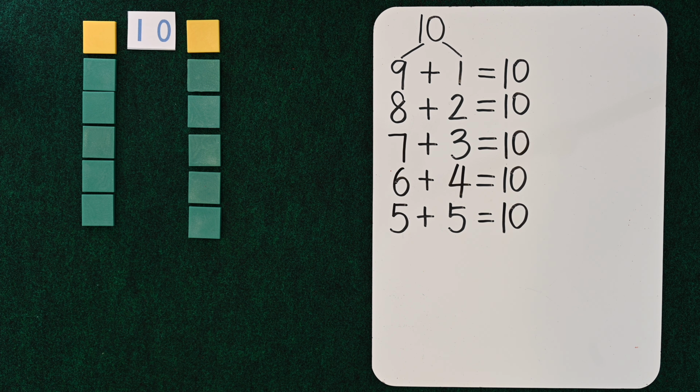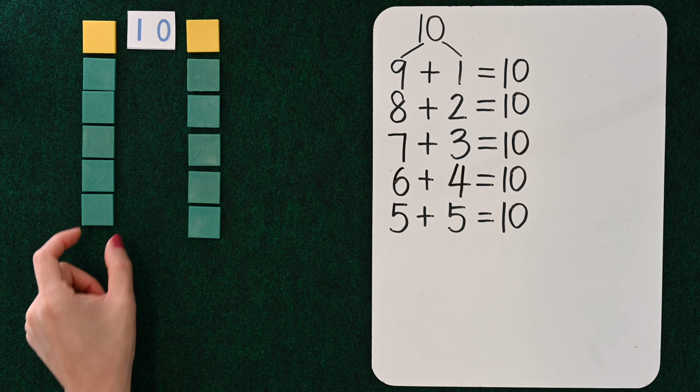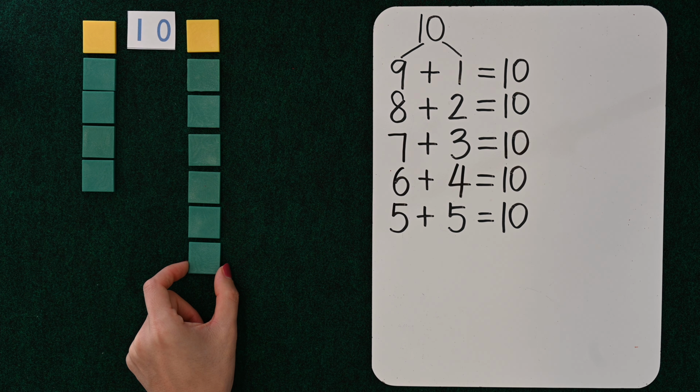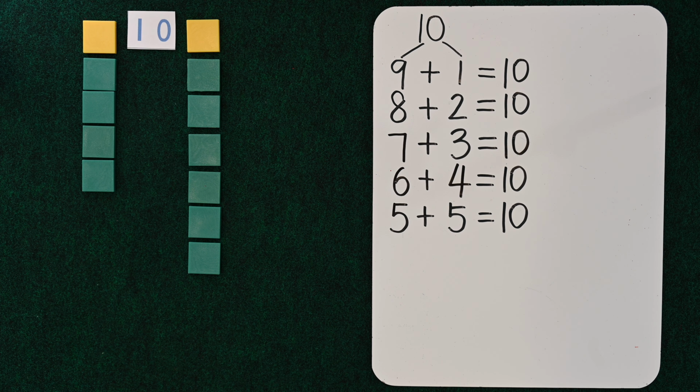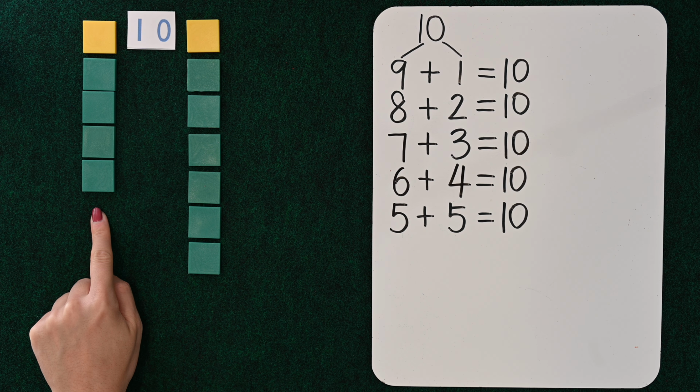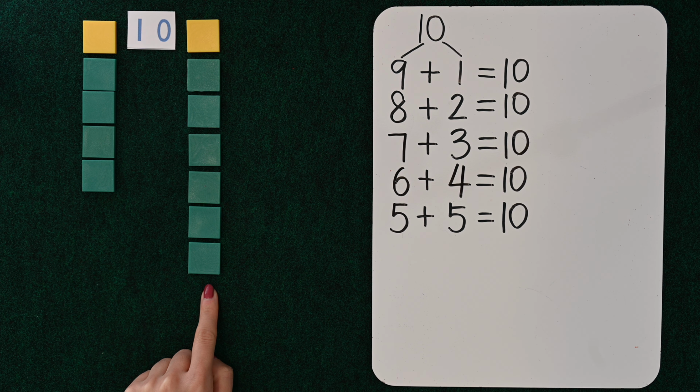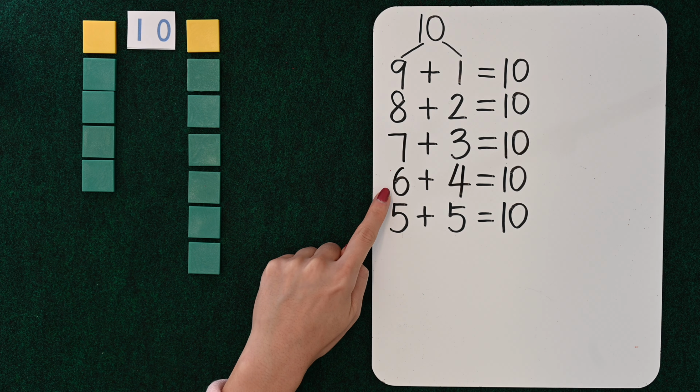Now, we're going to do a little more moving, but this time we won't write down the facts. Let's move one more cookie over to kid 2. This time, kid 1 has 4, kid 2 has 6, which is the same as if kid 1 had 6 and kid 2 has 4, which you can see.